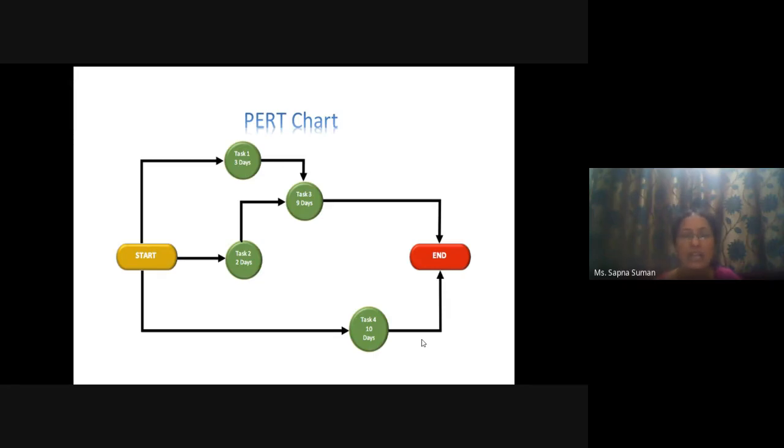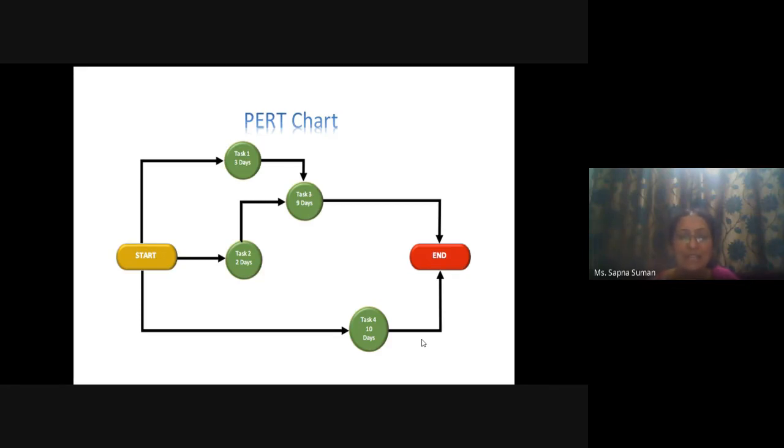There are three different paths, and if you calculate the days, you will find that the total number of days to complete the project through various paths is different. The first path is 3 days plus 9 days, that is 12 days. Second path, 2 plus 9, it is 11. And the third path is the shortest path because it takes only 10 days for the project to complete.